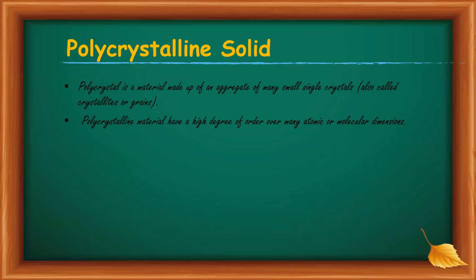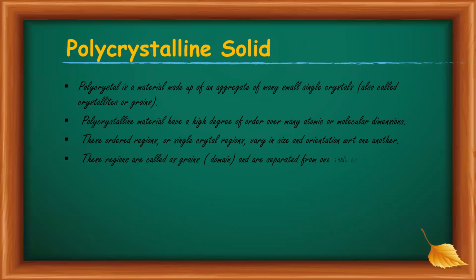Polycrystalline material has a high degree of order over many atomic or molecular dimensions. These ordered regions or single crystal regions vary in size and orientation with respect to one another. These regions are called grains or domains and are separated from one another by grain boundaries.